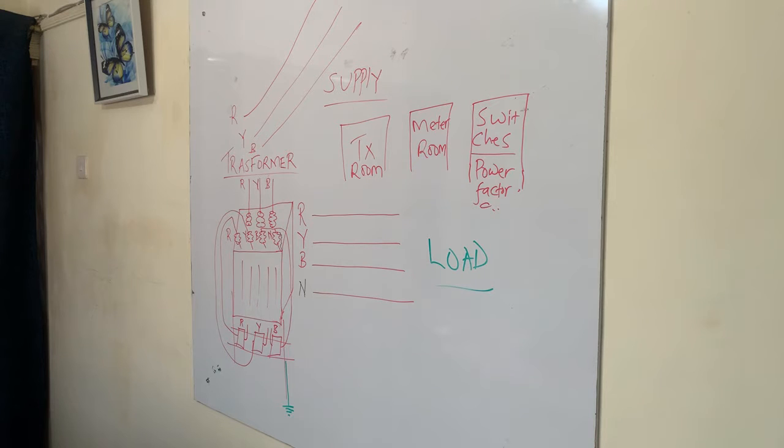So you need to understand how these connections are helping, or how important they are in terms of the connection for this power distribution, which is definitely a three-phase power distribution.